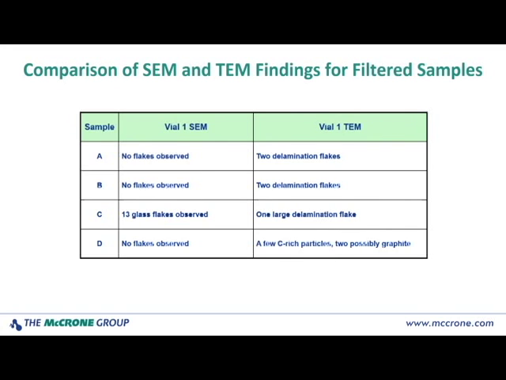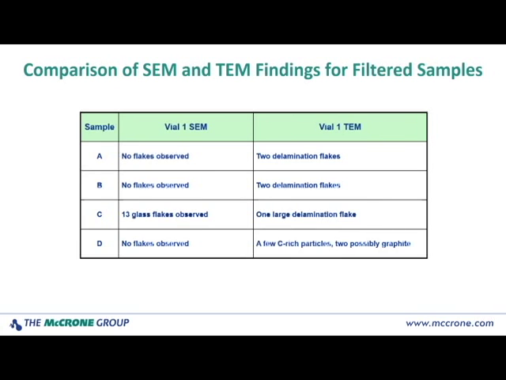The other concern, of course, especially with TEM, because you're sampling very small amounts of material, is whether your sampling is representative. Are you actually going to capture enough particulate to give you a conclusive finding? And we have found consistently that we do capture delamination flakes even in the small 3 millimeter diameter area of a TEM grid. We did a comparison study with a set of samples looking at results from the SEM and from the TEM.